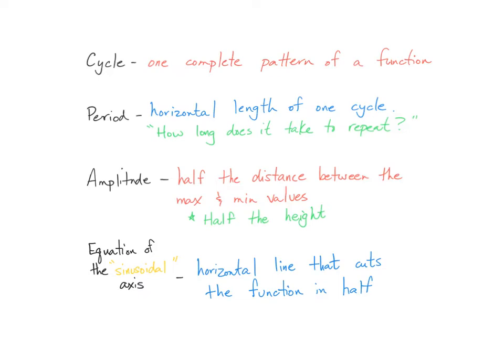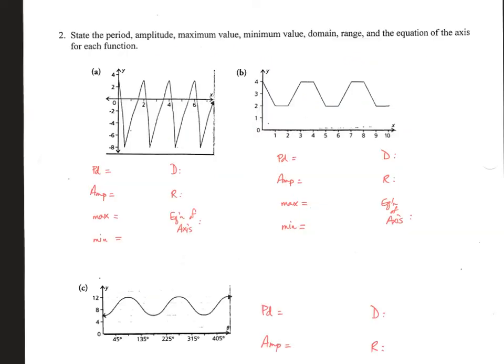Okay, you make do with what you need with these, and what we're going to do is spend the rest of this lesson going through and identifying some key features of our graphs. So what I'd like to do now is just take a look at the question at the top of your screen. We need to state the period, amplitude, maximum value, minimum value, domain, range, and the equation of the axis for each function.